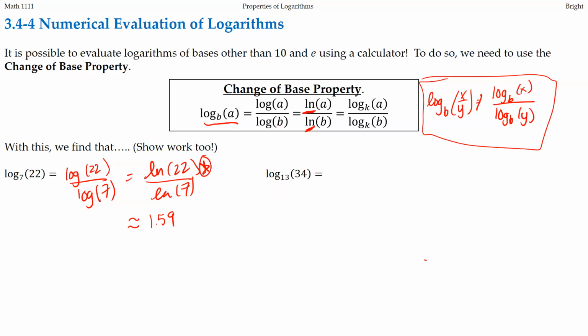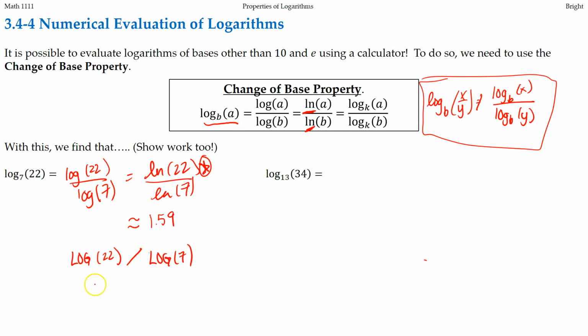Otherwise, your calculator also has common log built in, so make sure to find these buttons on your calculator. Some of you would literally type in log of 22, and then divide by log of 7.